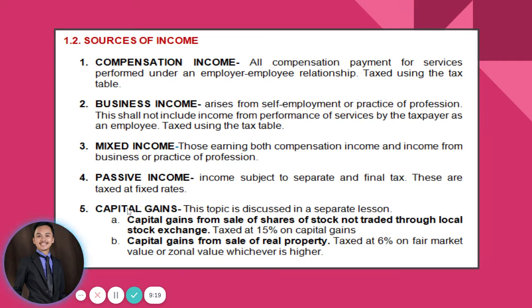And then we also have capital gains. This topic will also be discussed in a separate discussion. But for introduction, we have two types of capital gains. First is capital gains from sale of shares of stocks not traded through the local stock exchange, which is taxed at 15% on capital gains, and capital gains from sale of real property, which is also taxed at 6% on fair market value or zonal value, whichever is higher.